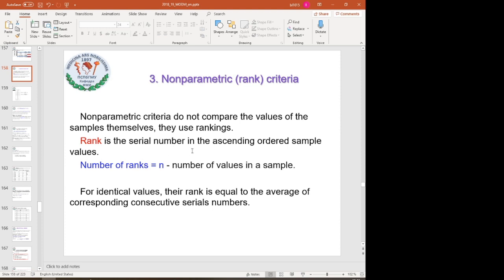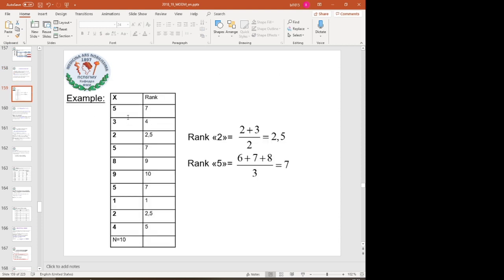But if some measurements have equal results, then we should spread consecutive serial numbers among all of the equal values. Let me show this in an example.